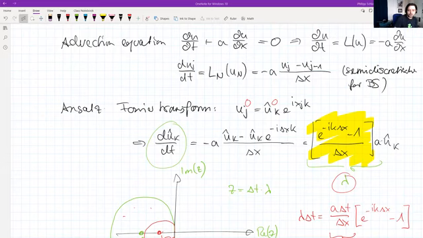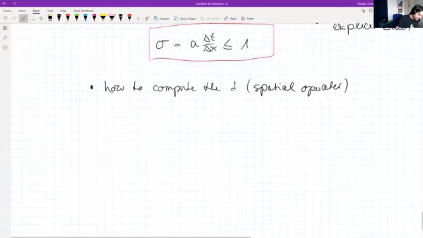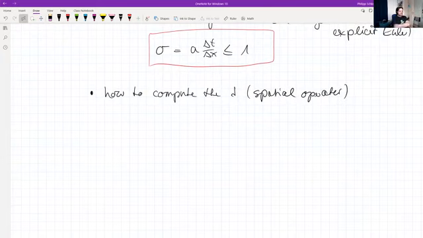So what we're looking for is a Fourier representation of a finite difference scheme. Haven't we done that before in some way? Okay, well, so how can we compute this lambda?